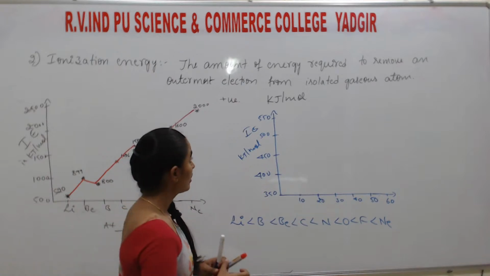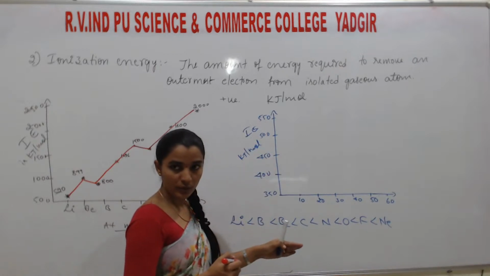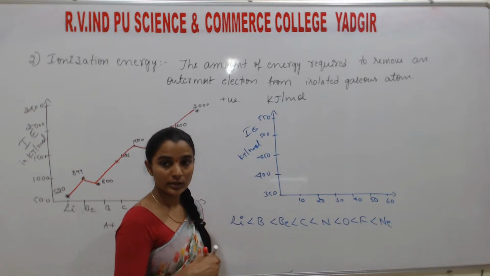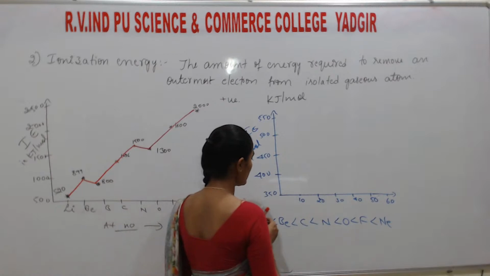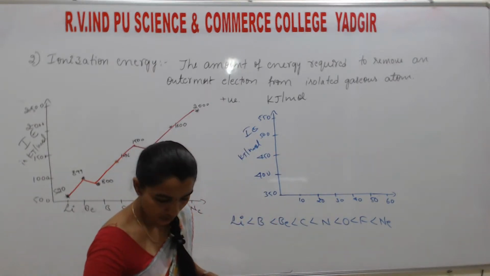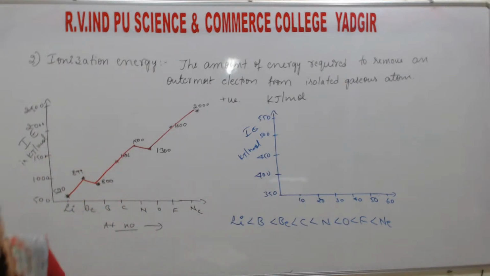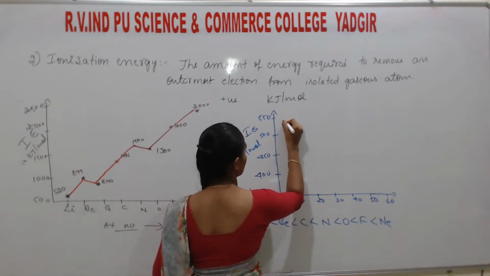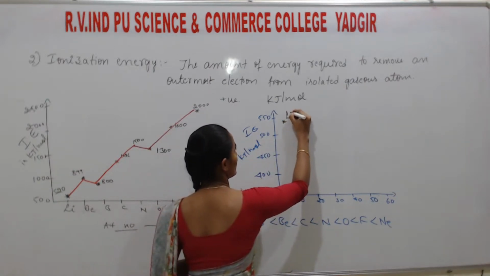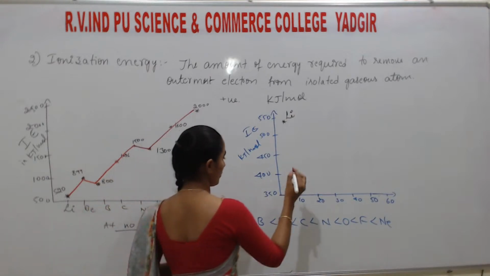It has high ionization energy. If you go along the group, ionization energy decreases. So lithium atomic number is 3. It has the ionization energy here. Next one is sodium.